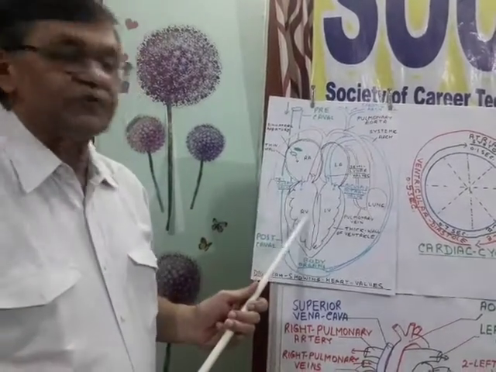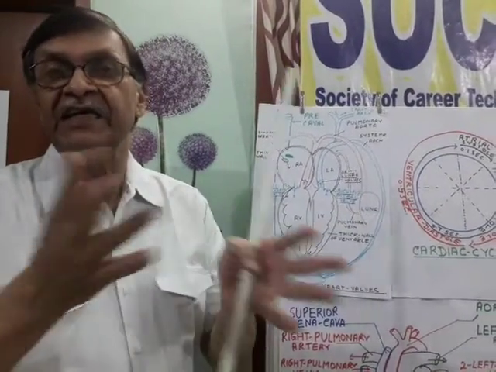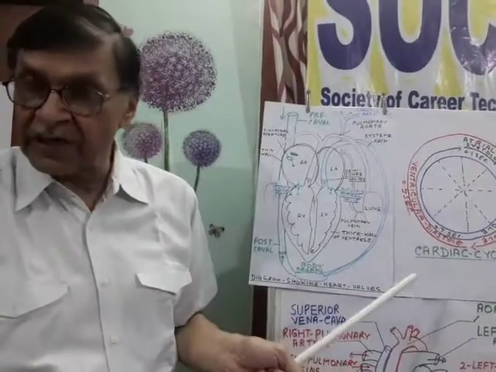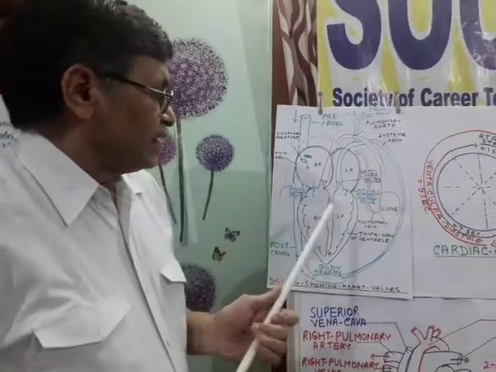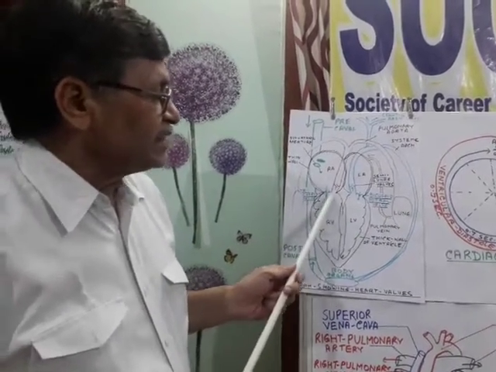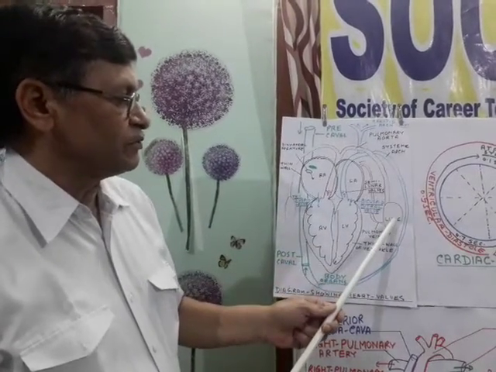Now from the ventricles the blood is pumped to the lungs and the different body parts. There is a different pathway for blood going to the lungs and blood going to the body parts. The blood which comes back from the body parts is pumped into the lungs by a pulmonary aorta, which divides into two, and both supply blood to the two lungs.